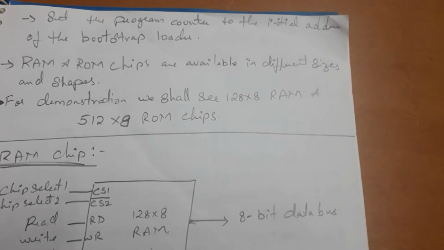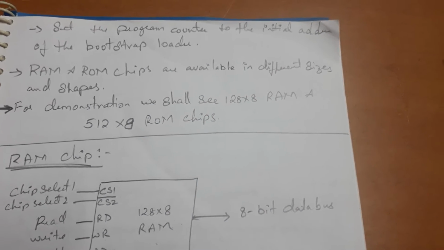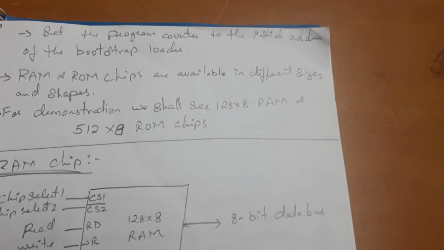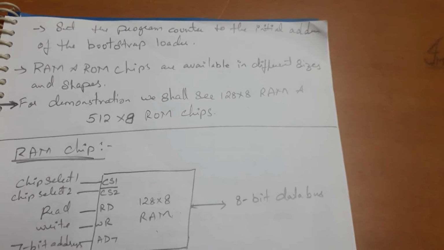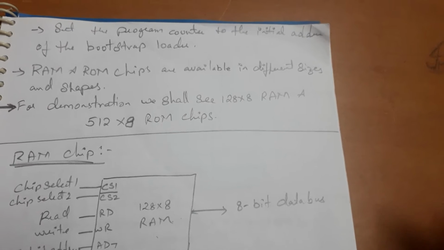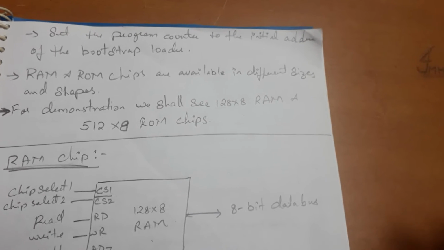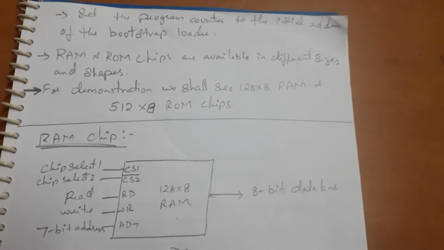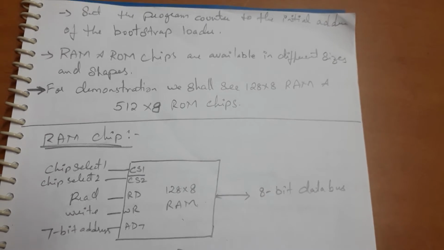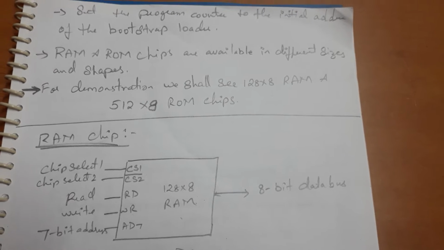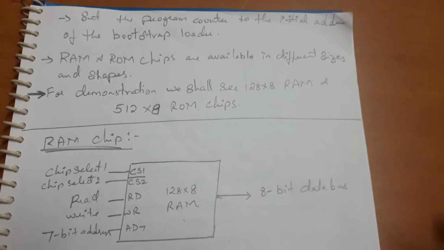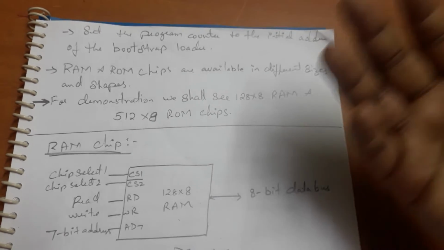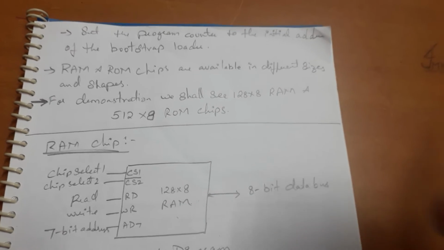The program counter is always set to the initial address of the bootstrap loader. So when you switch on your computer system, the first address the program counter will hold will be the initial address of this bootstrap loader, so that as soon as you switch on the computer, the program counter loads it, and accordingly you know the process.